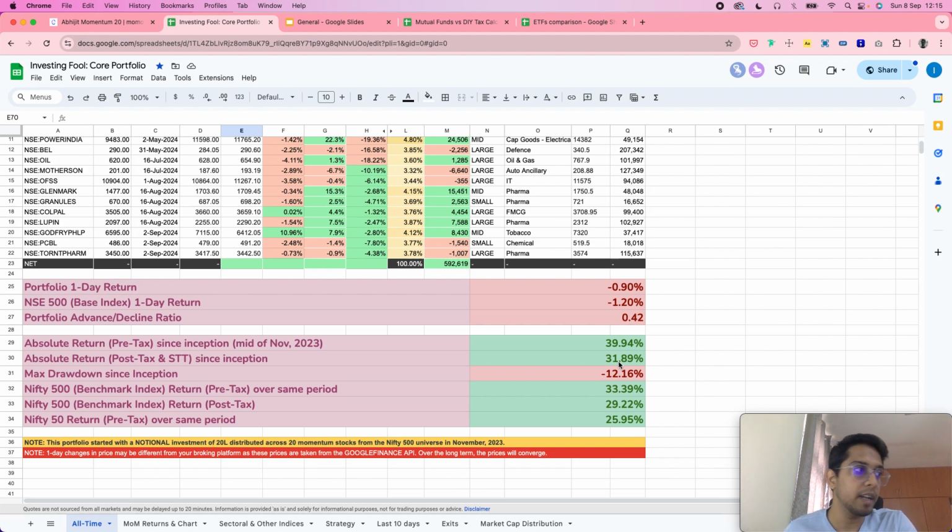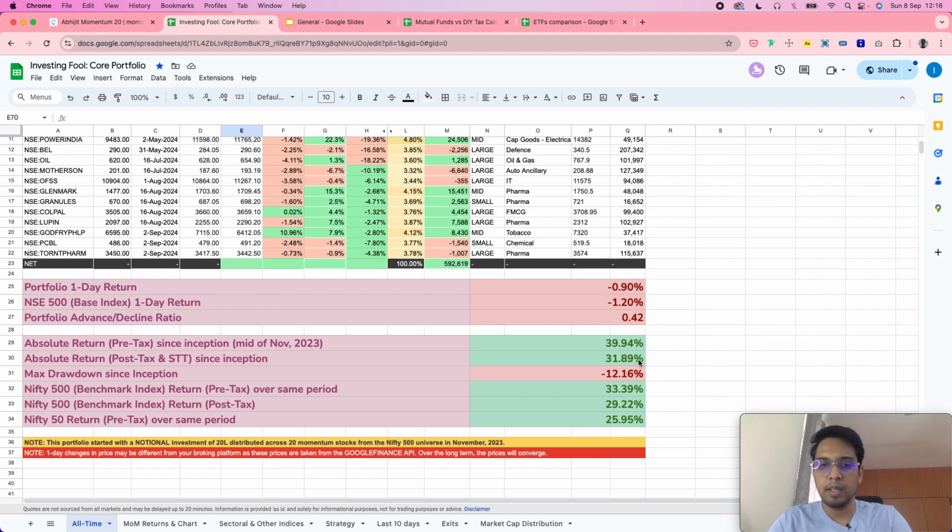And for someone investing in a Nifty 500 index fund, pre-tax versus post-tax, they are coming down from 33.4% to 29.2%. So there is almost a 4% difference there. Now if we compare our post-tax and transaction cost performance with a Nifty 500 index fund post-tax, we are still around 2.5% higher than the index fund.